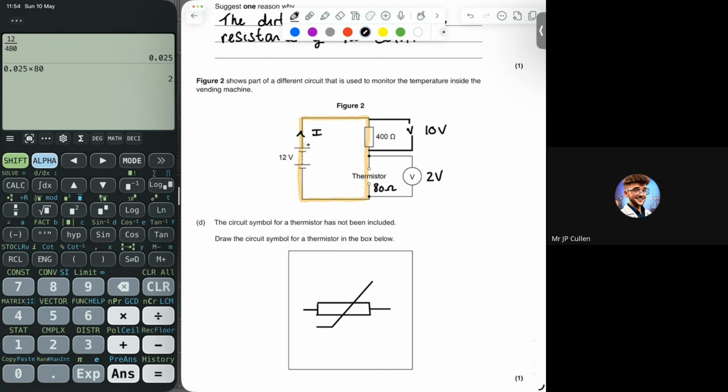And so then using Kirchhoff's rule for voltage, the voltage dropped across the components has to be equal to the voltage given by the battery. And so then we know that because we've just calculated the thermistor as 2, the fixed resistor would have 10 volts dropped across it.